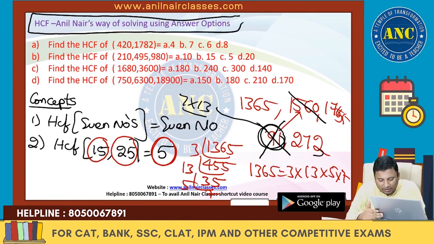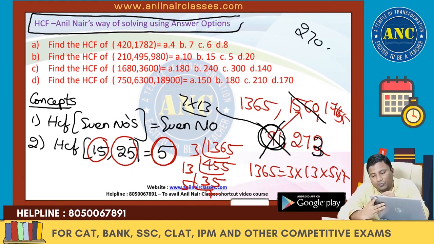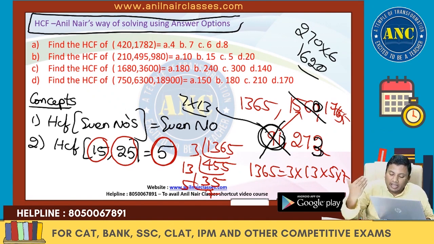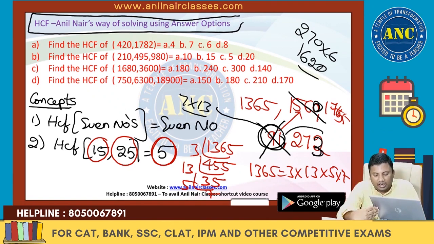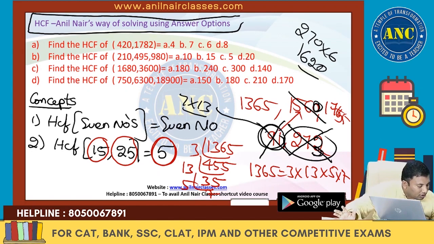It is 273, beta, not 272. 273 times 6 is 1638, but I am not getting 0 at the end. So for 273, there cannot be any multiple which will give you 1560. That is the reason 91 and 273 are eliminated. I hope, Srikanth, you got the doubt.